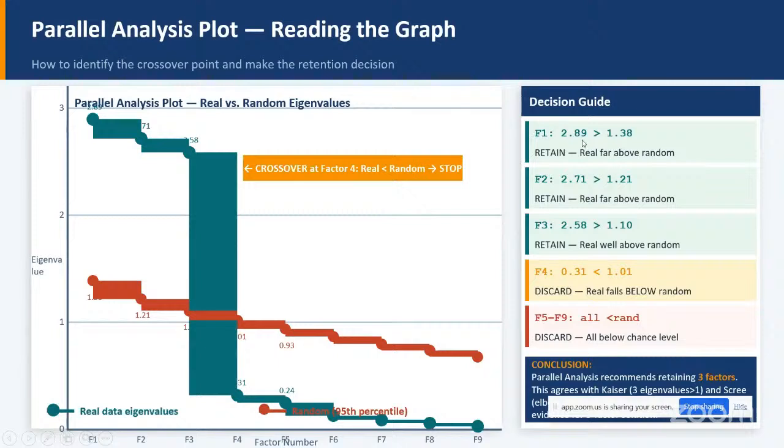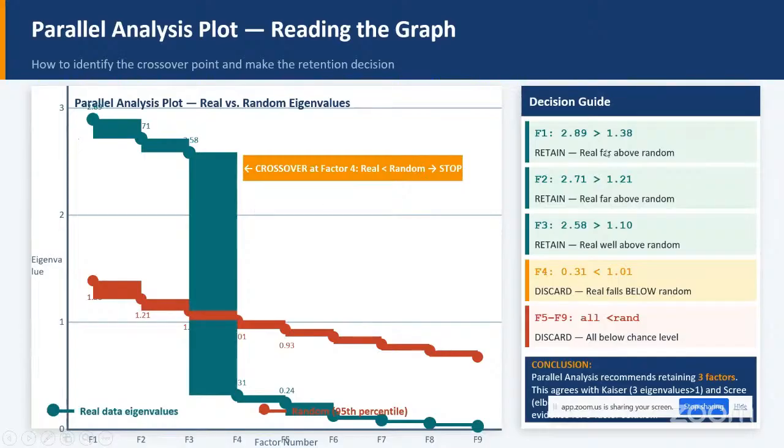If F1, this part you can see 2.89, that is greater than 1.38, right? You can see this crossover part. This red represents the random part, and this blue represents the real.